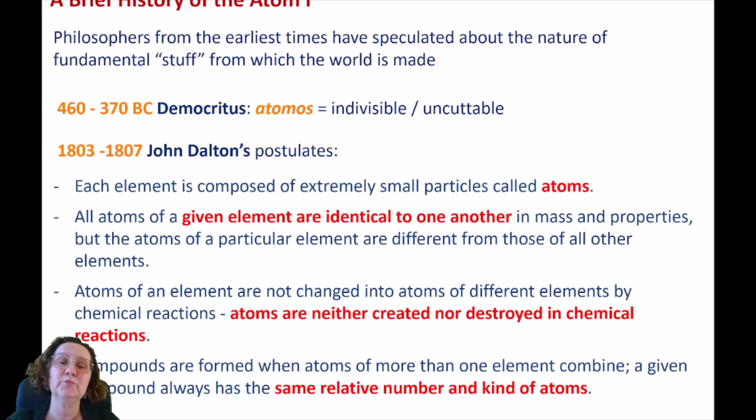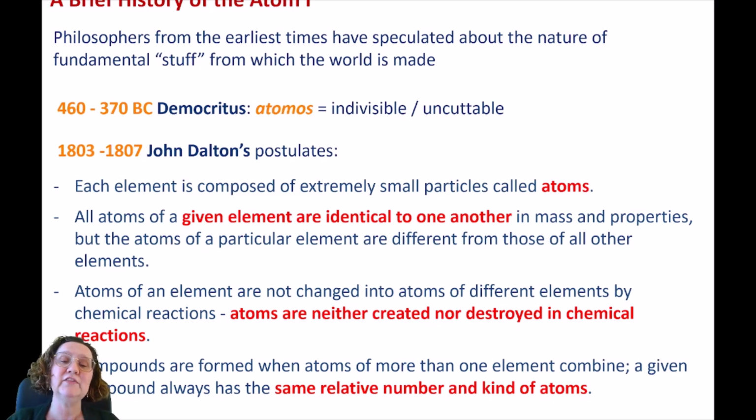So all the atoms for a particular element are identical to one another, and they have the same mass and they have the same properties. But the atoms of one element are different from the atoms of another element. And you cannot change the atoms of an element into another. You cannot convert a hydrogen into an oxygen or a fluorine into a sodium atom.